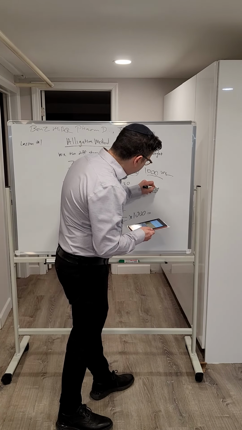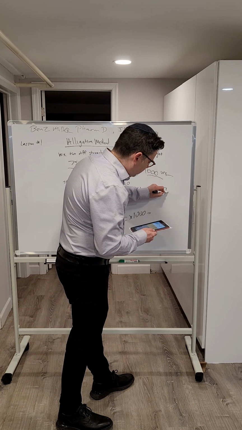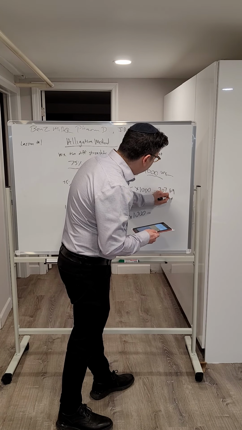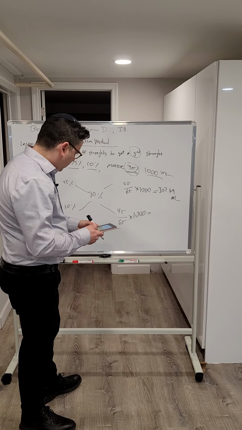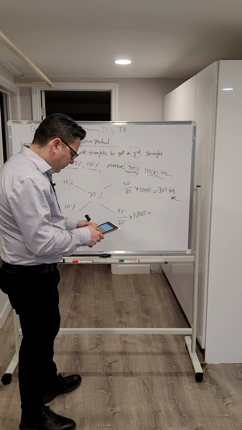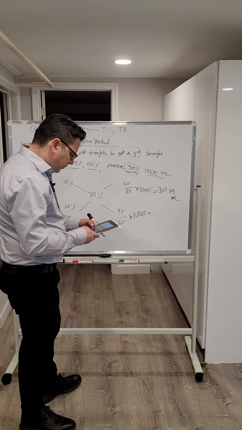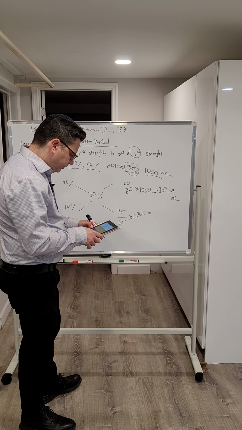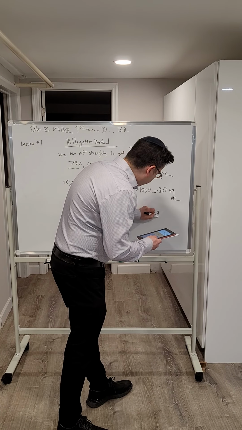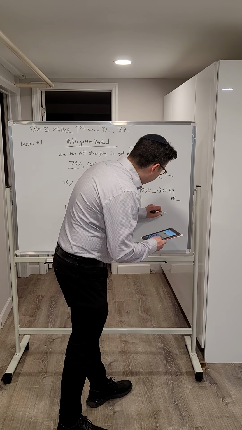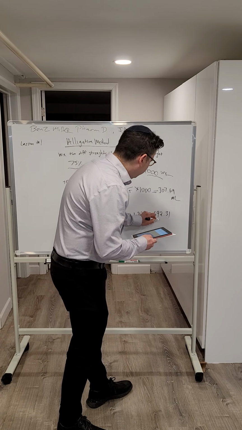So here we get 307.69 milliliters. And then we're going to do 45 divided by 65 times 1,000. And that's going to give us 692.31 milliliters.